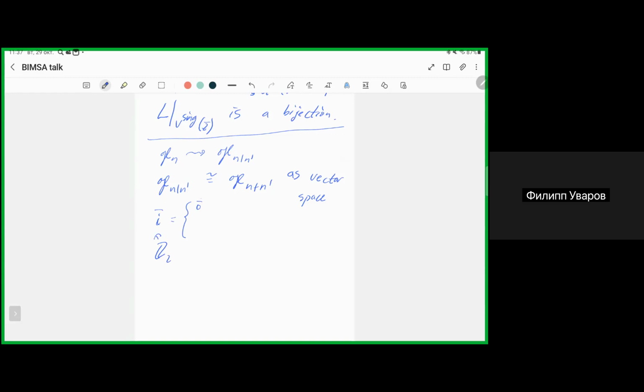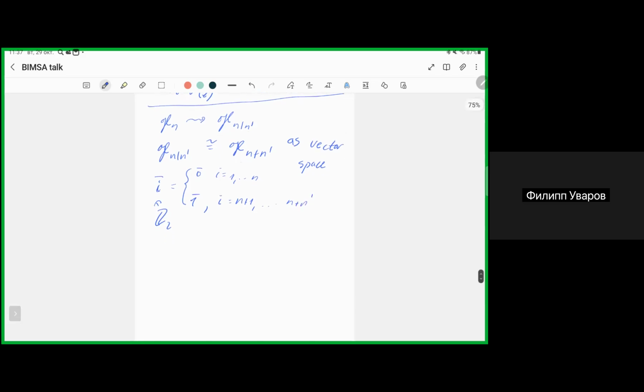So this is 0 if my i is from 1 to n, so this corresponds to the even element. And this is 1 if my i goes from n plus 1 to n plus n prime. Very well. And so this is just notation.